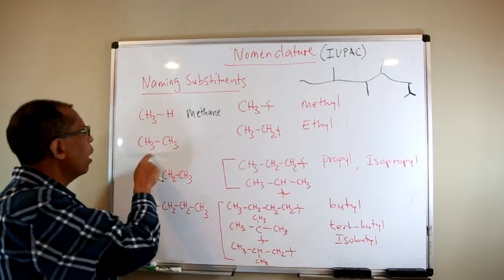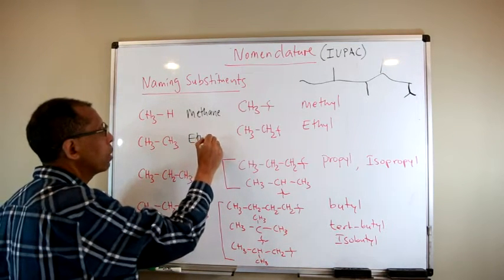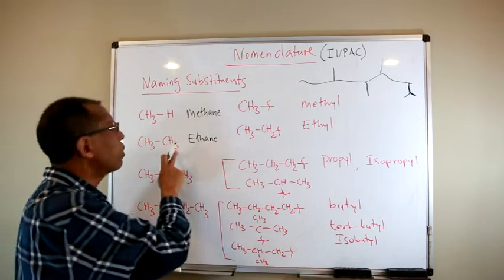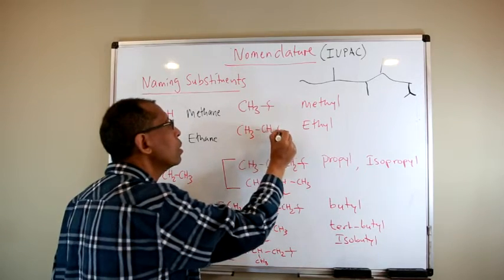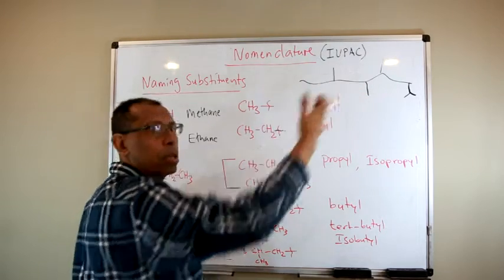Next, if you have ethane, which is a neutral standalone molecule, and you remove one of the hydrogens, you would have CH3, CH2, and through this carbon there is an attachment to another chain.